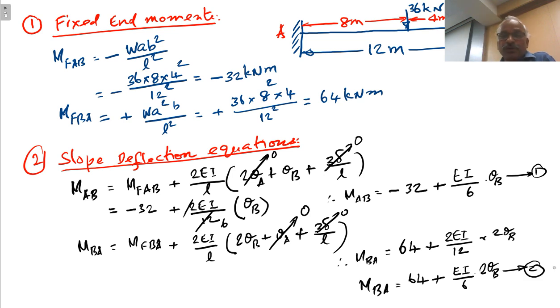Right. Now we know that for each and every span there are 2 slope deflection equations. So here there is only one span, therefore there are only 2 slope deflection equations.